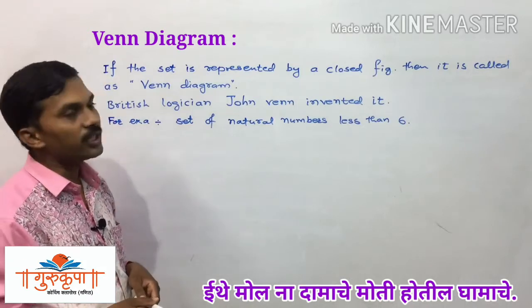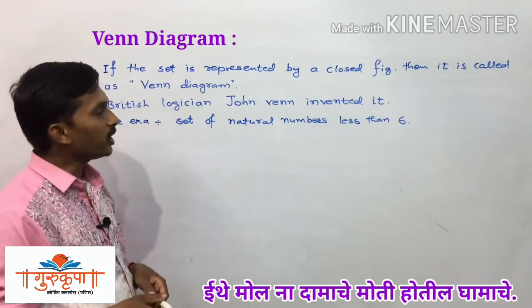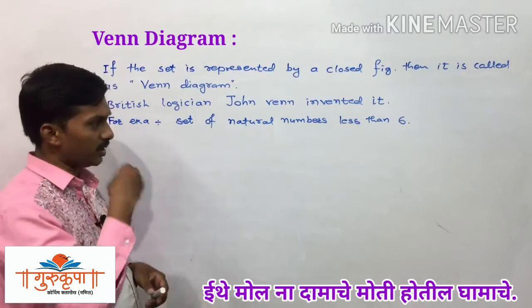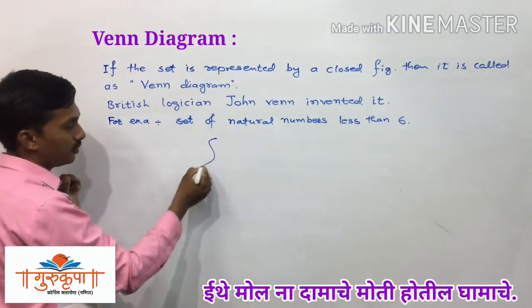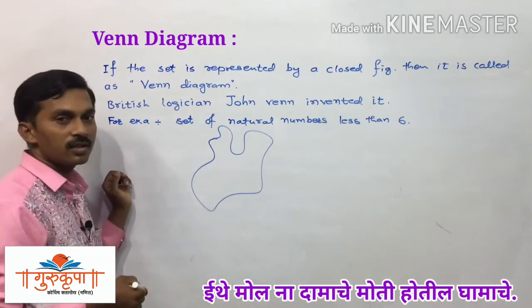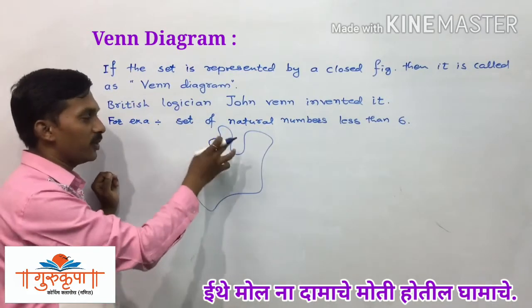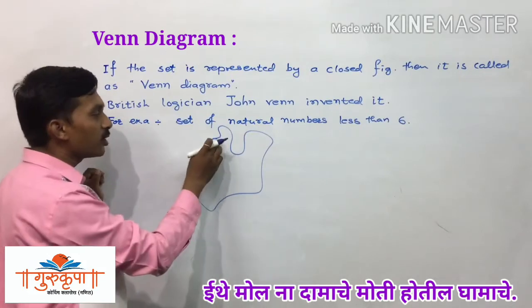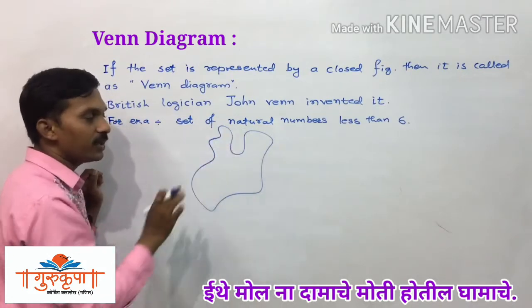You can use any diagram, not only mathematical. Suppose we draw this diagram. It has no proper word to describe which diagram it is, but it is closed. That is very important.